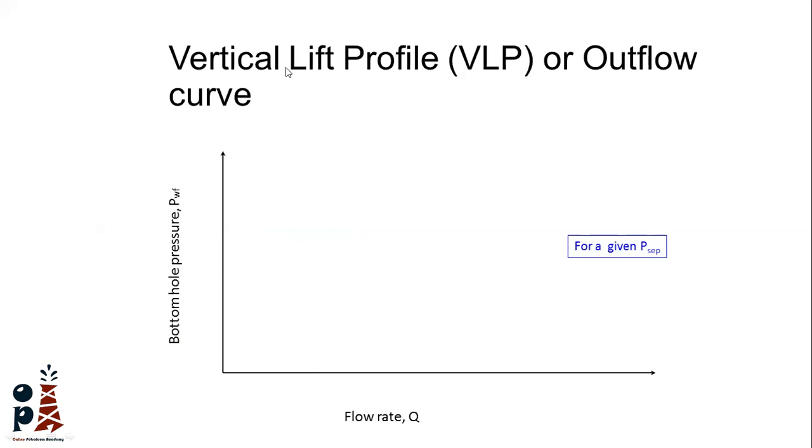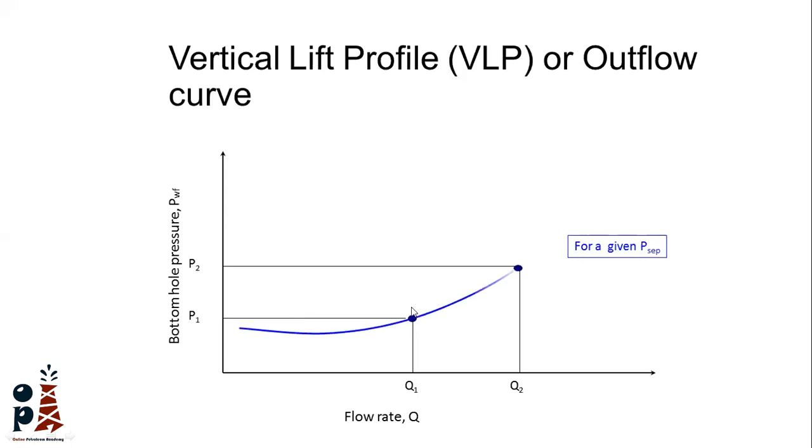And as we see, I need a certain pressure for certain rates, certain BHP. Let me stress this again. I have already a known wellhead pressure. It's constant, for example, 250. And I have the same gas oil ratio. And now I want to see when the rate increases, what will be the BHP. So this is the VLP.